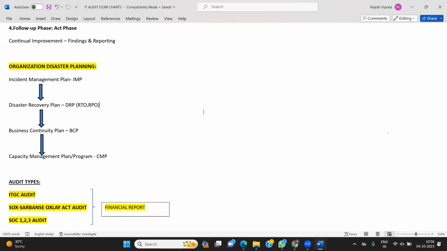I'll go back to the same example of HDFC. Think that HDFC has several branches across India. Some are in coastal areas, some are in highland areas, and some are in remote areas. We have HDFC in many areas, correct?